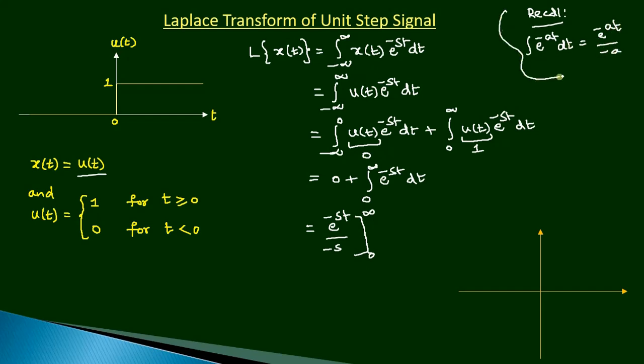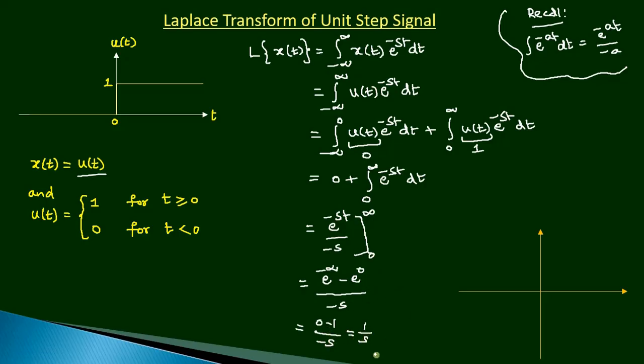This formula is used here to integrate e power minus st. Now apply the limits: e power minus infinity minus e power 0, divided by minus s. That equals 0 minus 1, divided by minus s, which equals 1 by s.